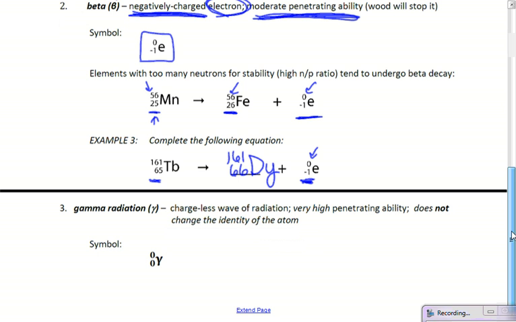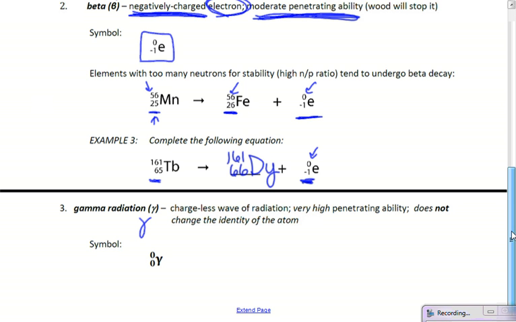Okay, the last type of radiation we're going to look at today is not any type of decay. There's no particle involved. It's just going to be the release of energy, and we call that gamma radiation. Whenever it's typed, it looks kind of like a Y, but whenever you handwrite it, it's more like a nose-diving fish, okay?